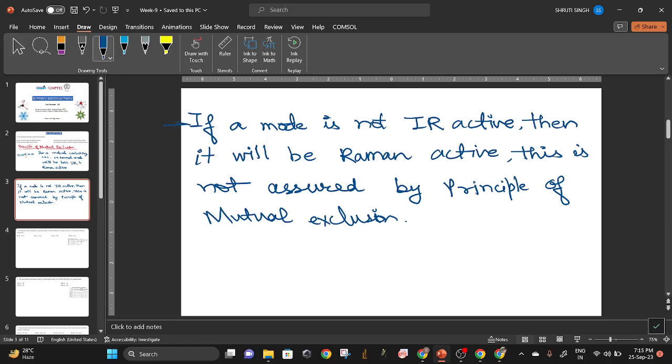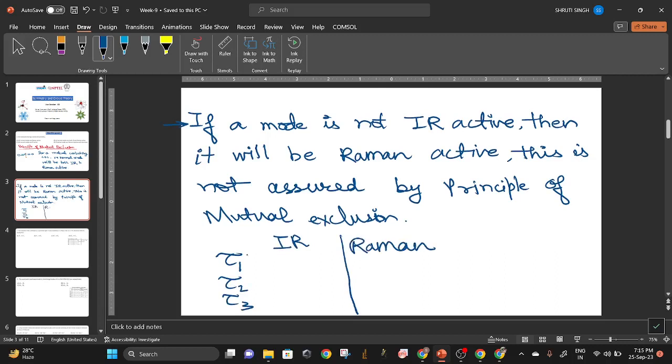Suppose I have modes tau 1, tau 2, tau 3, and this is IR activity and this is Raman activity. Suppose we have tau 1, which we know is IR active.